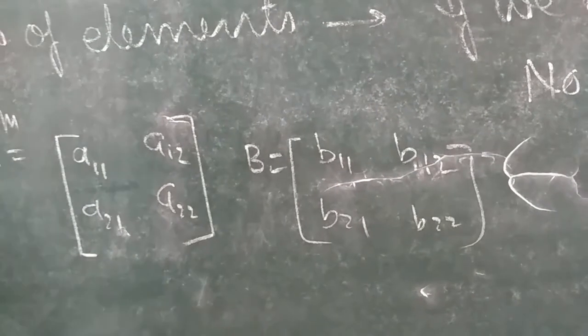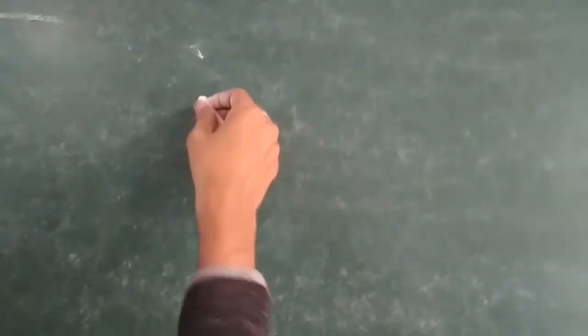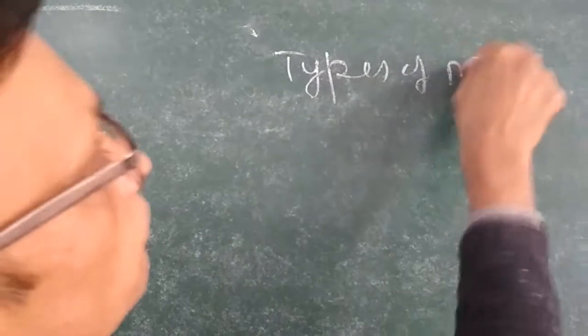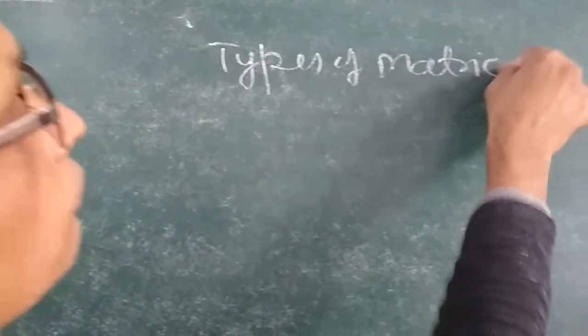Now, what are the operations on the matrix? Before going to the operations, I would like to tell you the types of matrices.